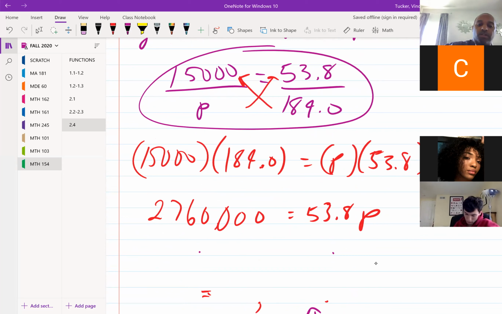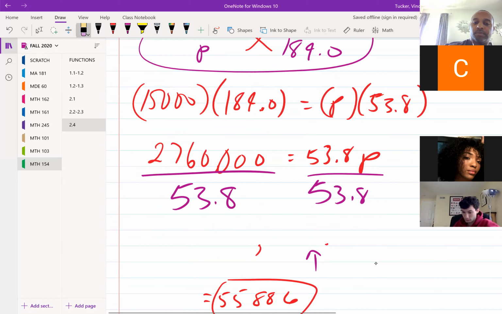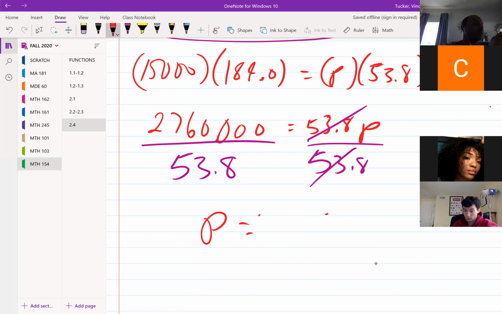All right, so now, if I can erase that, let's go ahead and divide by 53.8. Trying to erase the stuff, you won't erase. All right, so it cancels out here. And then 2,760,000 divided by 53.8 is 51301.152.